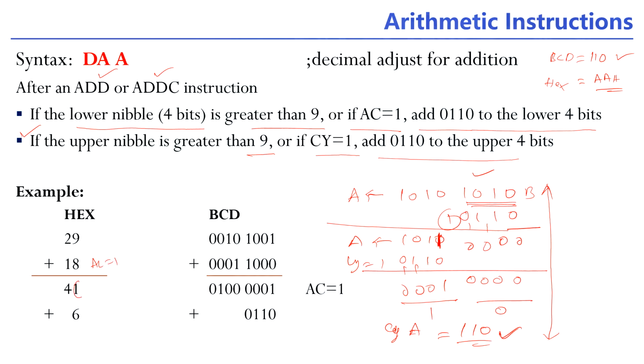Actually, the lower nibble is not greater than 9, but auxiliary carry is set to 1. That's why we need to add 06 to the result. Once 06 is added, it is 47. In this way, we will correct the result by using DA instruction after execution of BCD addition.